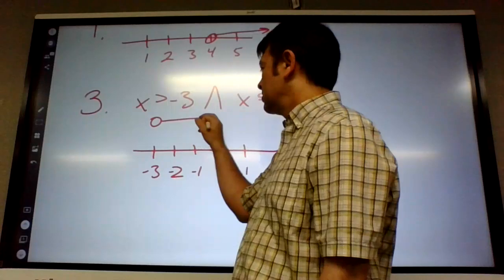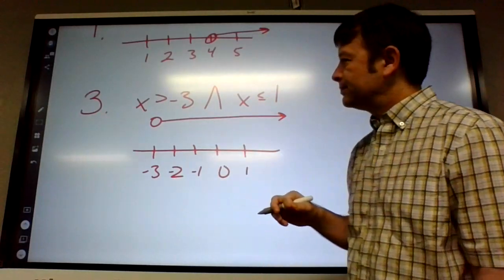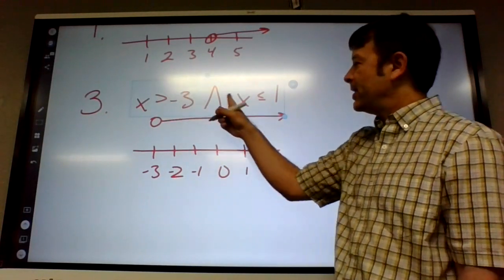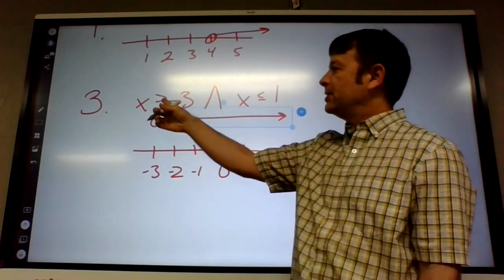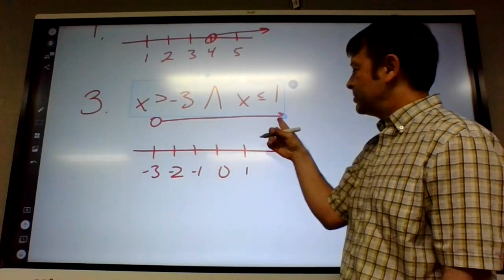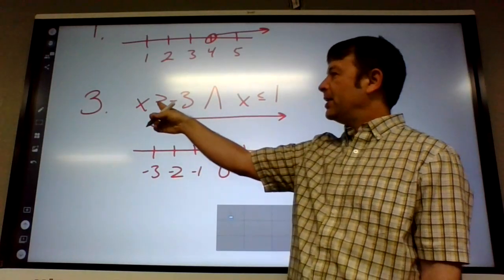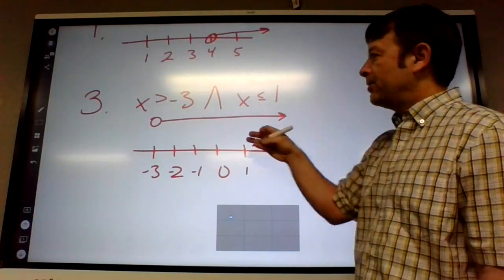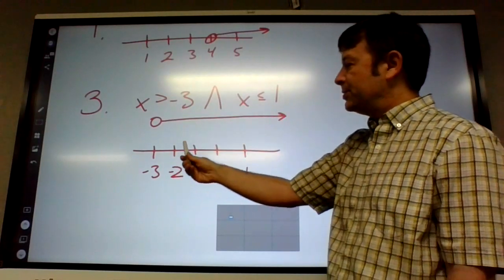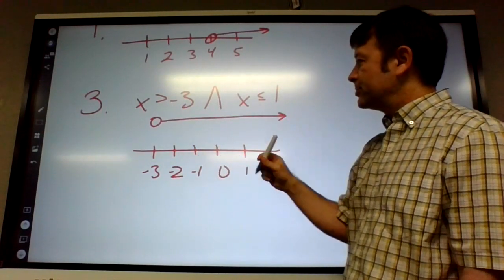Open circle to the right. Remember, these arrows kind of match, right? Normally, unless x is written on the other side, which occasionally it is. Anyway, all the numbers greater than negative 3 are negative 2, negative 1, 0, 1, all these numbers.